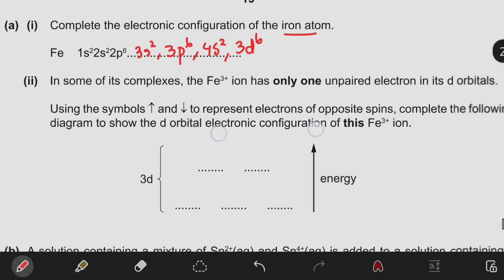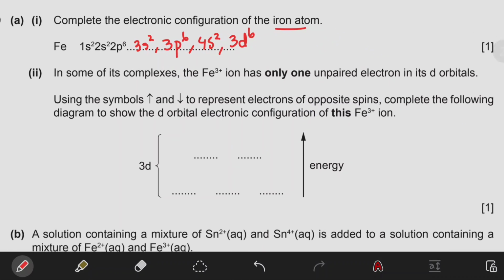In some of its complexes, the Fe3+ ion has only one unpaired electron in its d orbitals. Using symbols to represent electrons of opposite spins, complete the following diagram to show the d orbital electronic configuration of this Fe3+ ion. Okay, so Fe3+ ion must have 3 fewer electrons than this configuration.